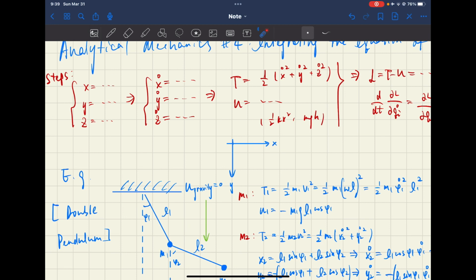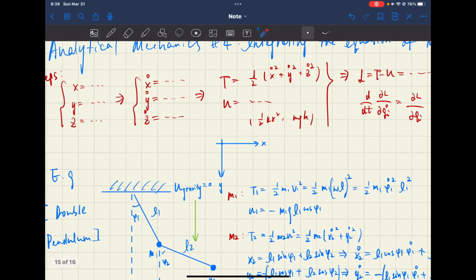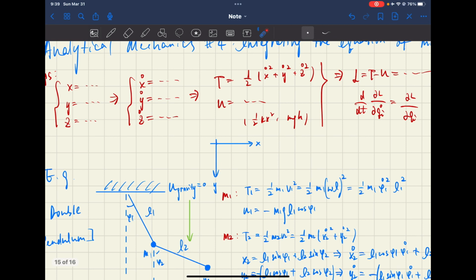So what we get here is velocity. Based on the velocity we just derived, we can write out T, which stands for kinetic energy, one of the components of the Lagrange's function.